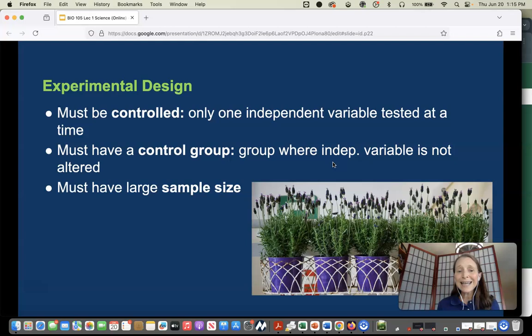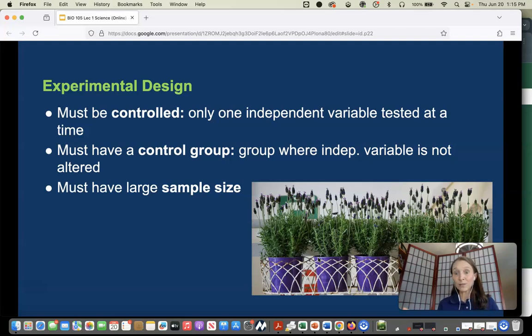And then, of course, you want to have a large sample size. If you just have two plants and you give one fertilizer and the other, your control, you don't give fertilizer, let's say that for some reason this plant had a disease and you didn't know it, and it didn't grow very well because of that disease. Then that experiment wouldn't be very valid because you didn't have a large sample size.